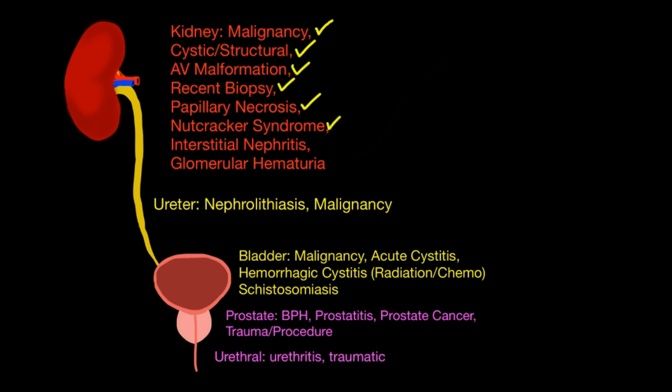There's also the syndrome called nutcracker syndrome, where the left renal vein gets compressed between the aorta and the superior mesenteric artery, and it can actually cause some flank pain and gross hematuria. There's a sort of related syndrome called loin pain hematuria, which is a rare disorder that we don't know much about, but it can cause unilateral flank pain and intermittent hematuria.